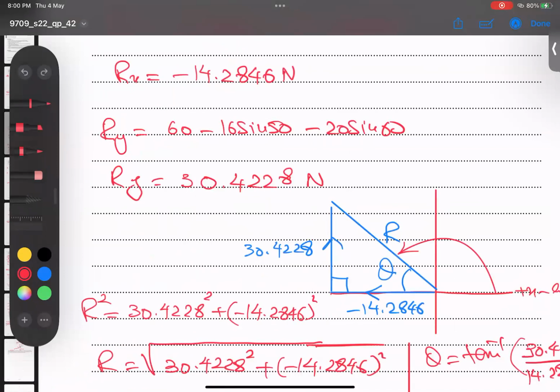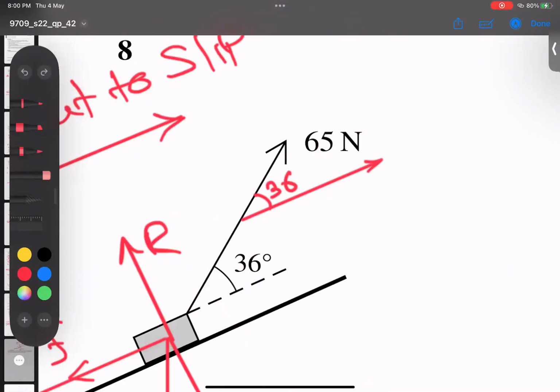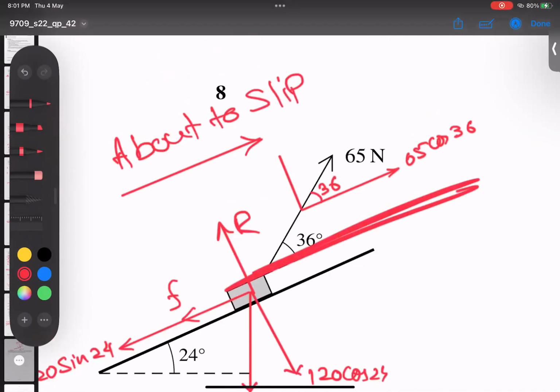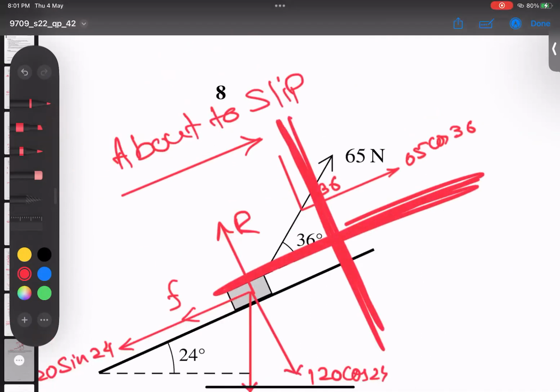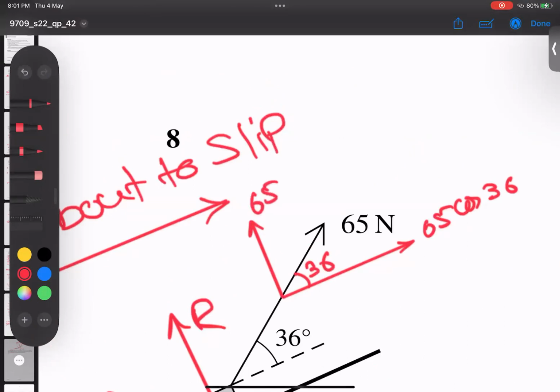What is the force? 65, students, and angle 36. So this becomes 65 cos 36, acting parallel to the surface. The best technique to understand: one parallel to the surface and one perpendicular to the surface. So this becomes 65 sine of 36. I believe it's clear now.